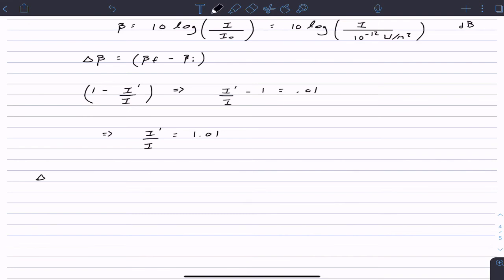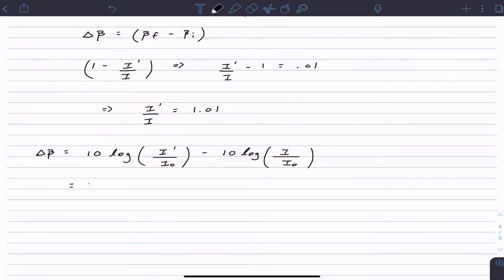Okay, so delta beta is equal to 10 log of the final intensity. We're looking for the final intensity. That's going to be I prime over I naught, minus the initial sound level, which we're just calling I over I naught.